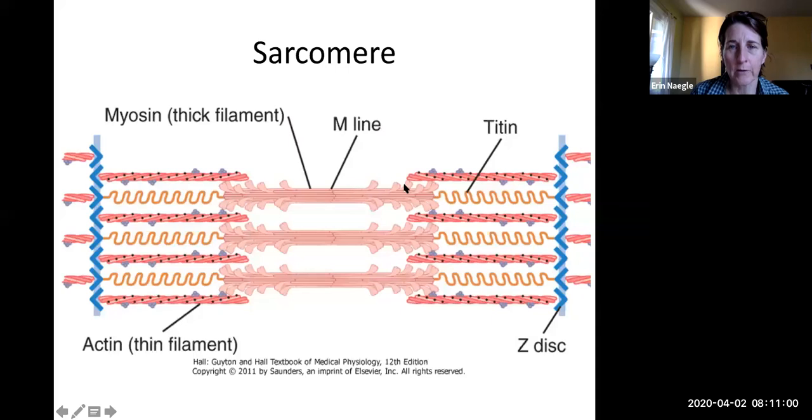And then part of what stabilizes this myosin is this titin, this yellow squirrely little protein here, and that's anchored to the Z disc on the other side. And titin is actually pretty interesting. They're still learning a lot about how titin works and its physiological functions. But one of the things it helps the muscle to do is to relax.